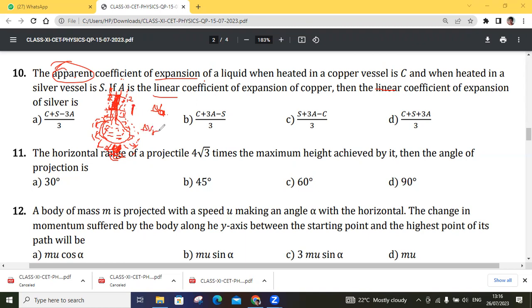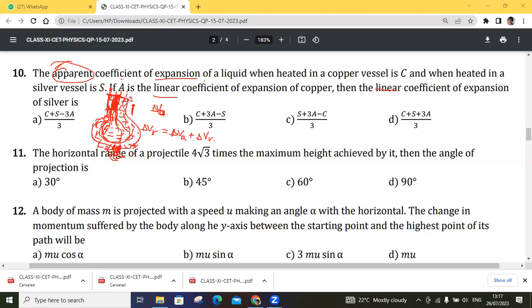So really how much is delta V? Real delta V is this much minus this, right? So you see, the real delta V is this much expansion that has happened, that is the apparent, plus however much the vessel has changed its volume.